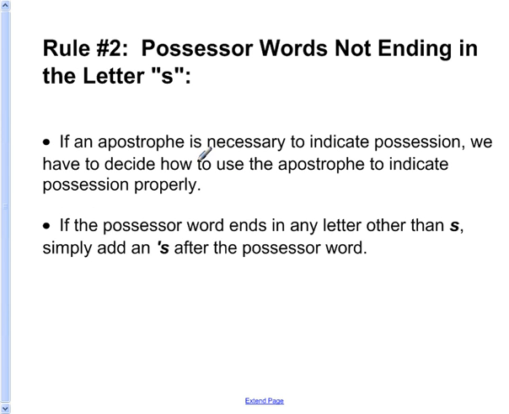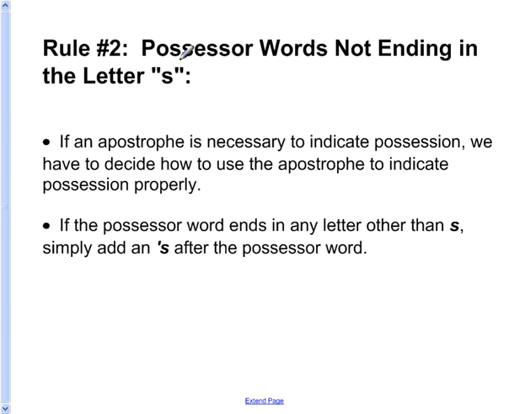All right, rule number 2. Once we determine that possession does indeed exist and that we need an apostrophe S or some sort of apostrophe to indicate possession, because the of test has been passed, this is what we do.